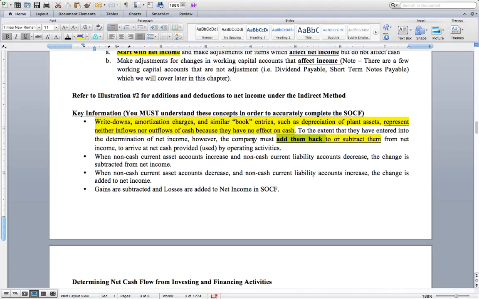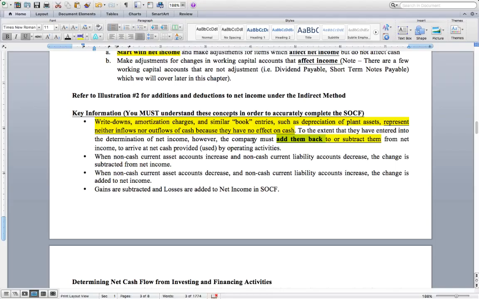Therefore, you're decreasing the amount of cash that you have because you are paying it. The next bullet point is the exact opposite. If your current asset account decreases or your current liability account increases, the change is added to net income.